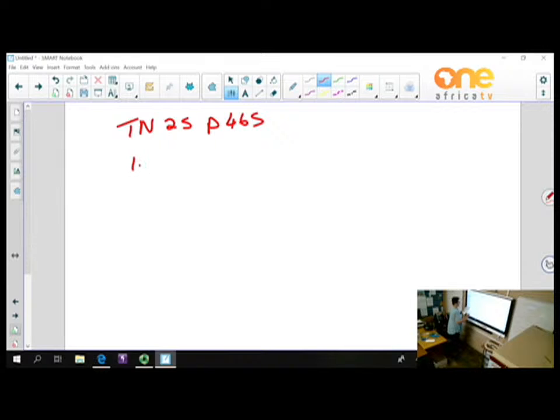Right, let's look at the first one. In PQR, every time I'm going to draw the picture to find out which side is which. Otherwise, you're going to struggle here.